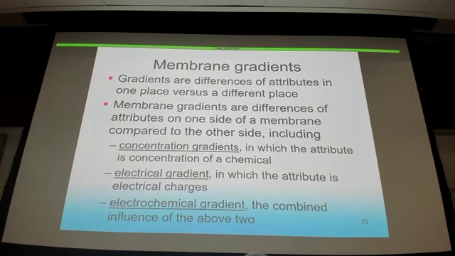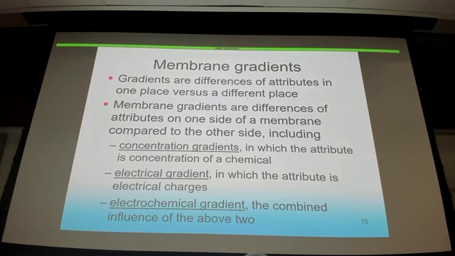If you look at differences in concentration gradients, I like to use sodium. When we look at any given cell and its plasma membrane, there is generally more sodium outside the cell than inside. Extracellular sodium levels are generally higher, so there's a concentration difference.